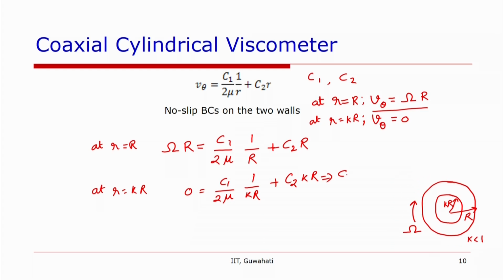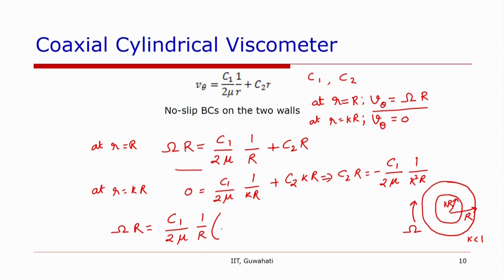So we can say that C2 R is equal to minus C1 by 2 mu 1 over kappa squared R. If we substitute this in this equation, then we will end up with omega R is equal to C1 by 2 mu 1 over R into 1 minus, C2 R will be minus C1 by 2 mu 1 over R into 1 over kappa square.